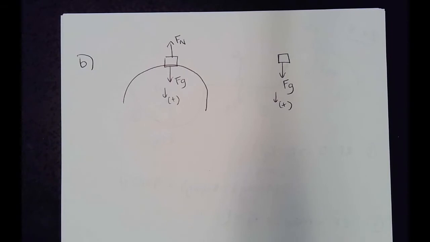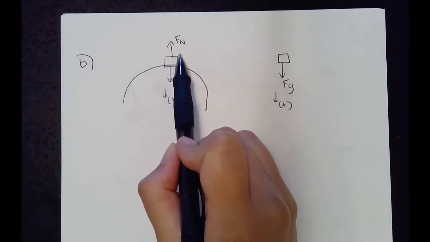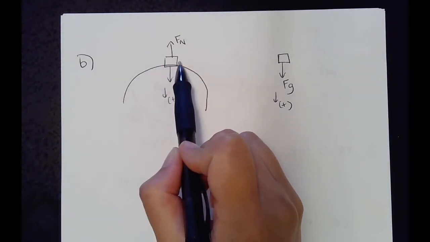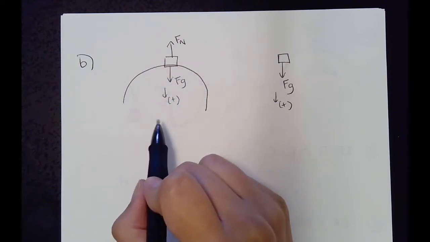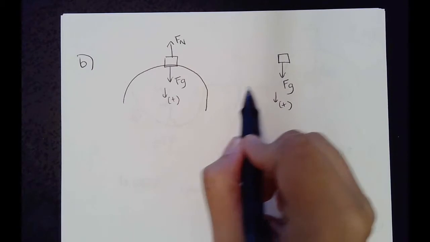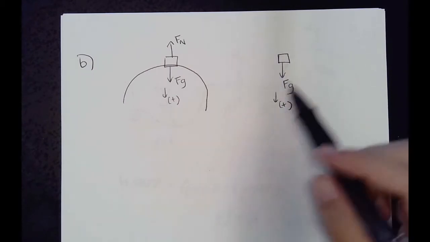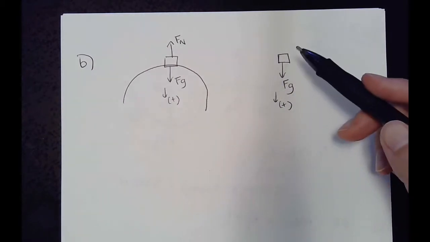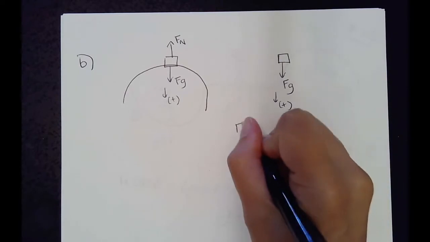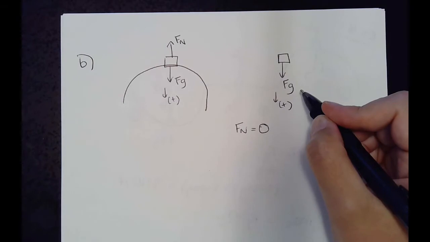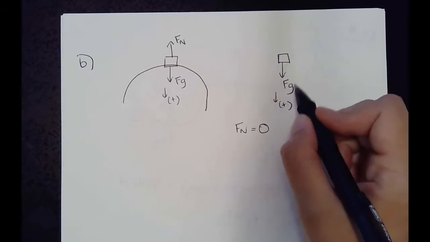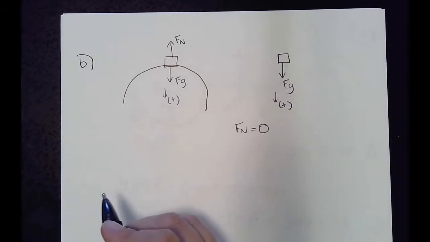Part B asks how fast you have to go to just get air at the top of the hill. So this means just lift off the ground at the top of the hill. So this was our diagram from before. If you're just lifting off the ground, you're no longer in contact with the surface, so the normal force goes to 0. So that means just momentarily you're still in uniform circular motion, but only the weight is acting on the car or the object.